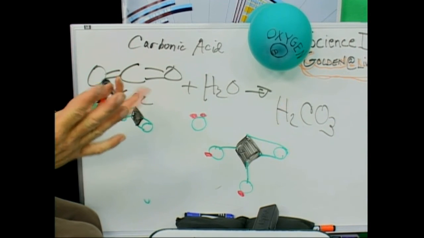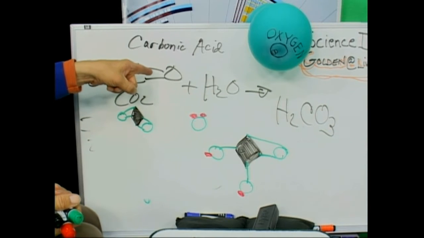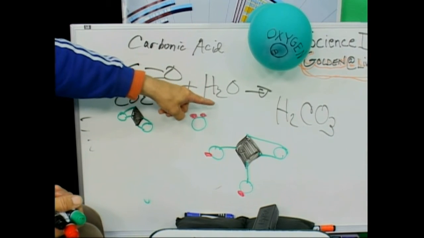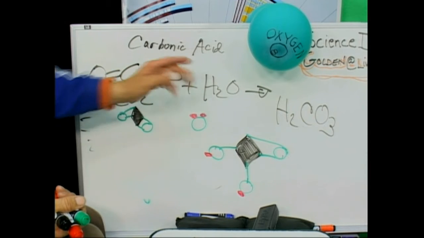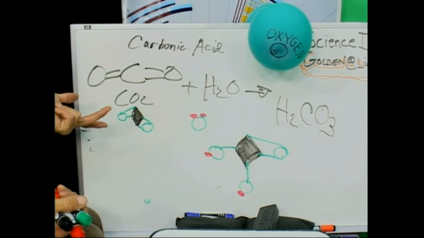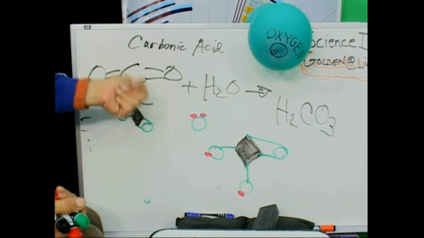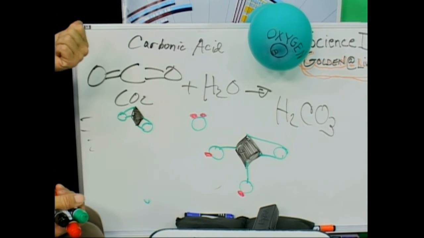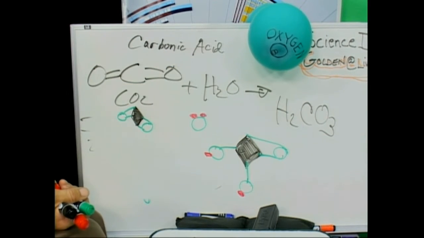CO2 gas. Well, what was the CO2 doing in there? They pump the gas in, and what does it react with? The water. So you actually have carbonic acid in your soda pop. You open the soda pop, the carbonic acid lets the CO2 come out, and you're left with water.